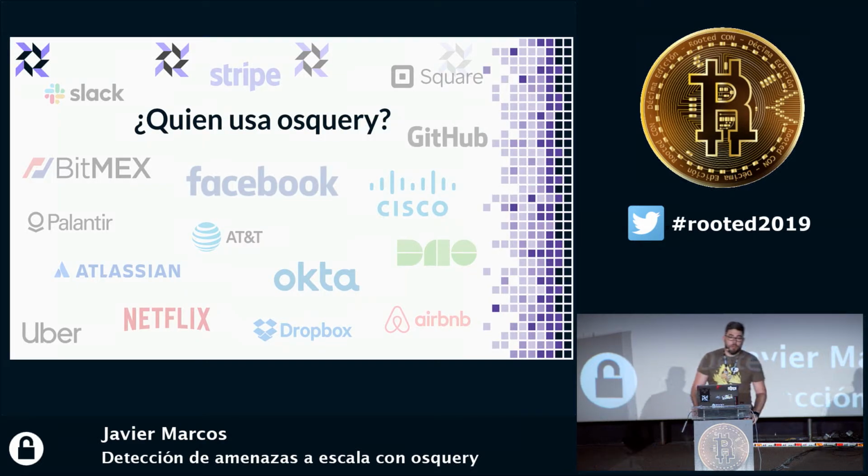I worked for 5 years in California, and I have contacts with companies that are really important in the field of technology. What I would like to do here is show which companies are using osquery. It was developed by Facebook, which deployed it at a huge scale.